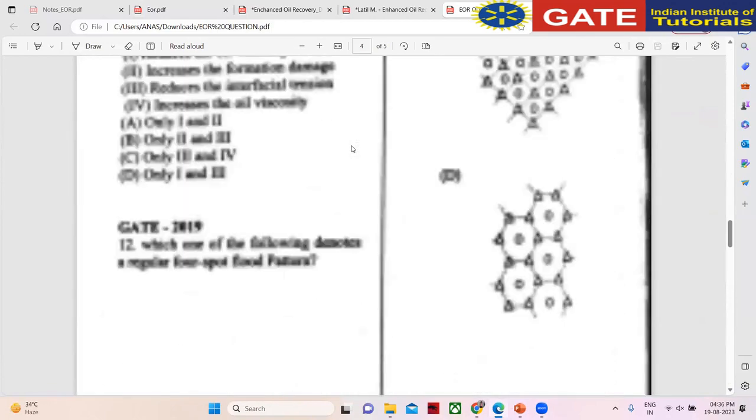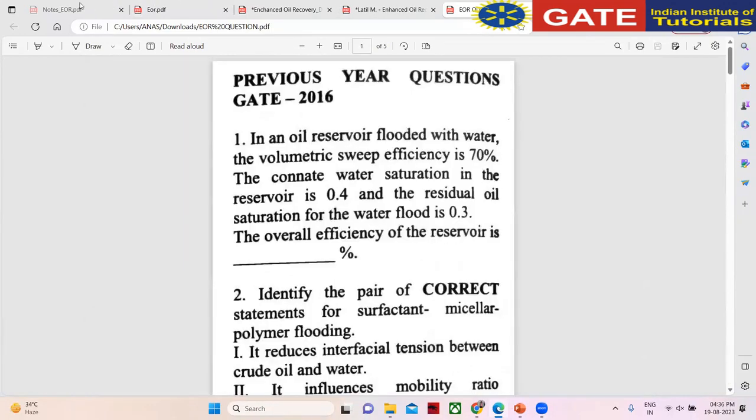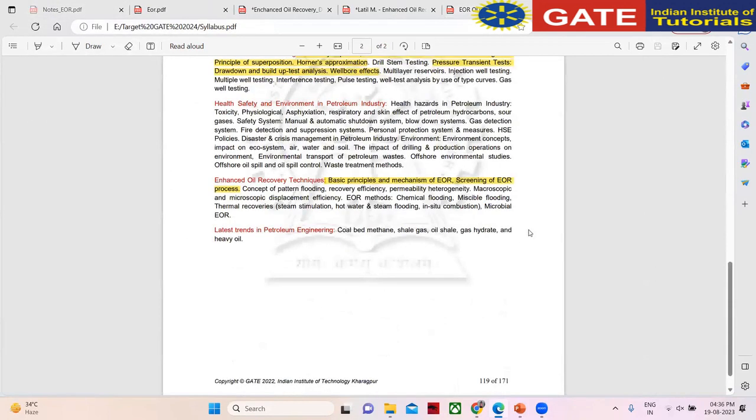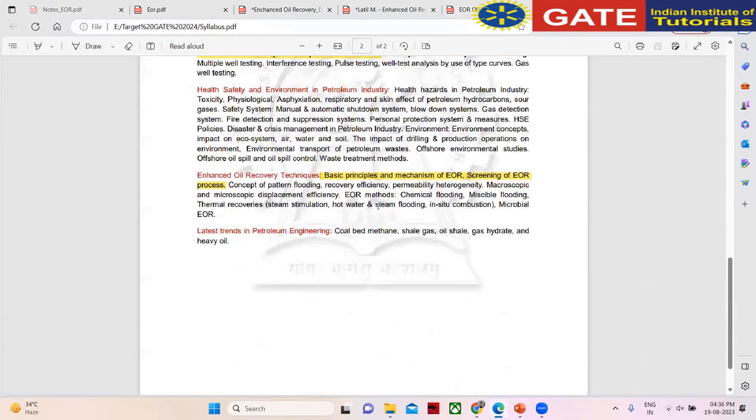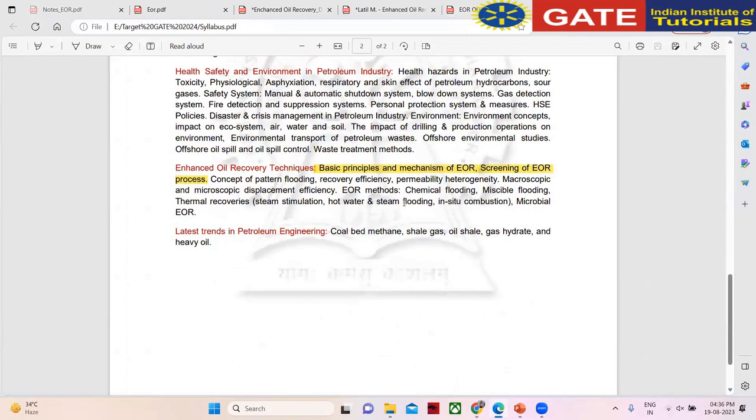So in your syllabus, the concept of pattern flooding is covered. Recovery efficiency is covered. Permeability heterogeneity is covered. Macroscopic and microscopic displacement efficiency is covered. Only one concept is left, to calculate the fractional flow: Buckley-Leverett frontal advance theory.